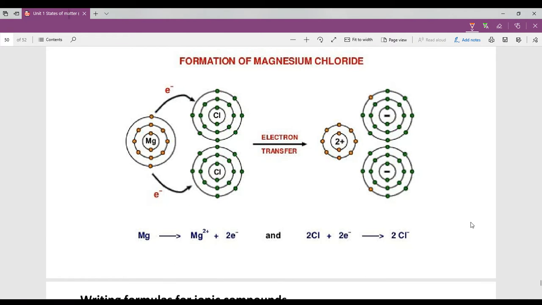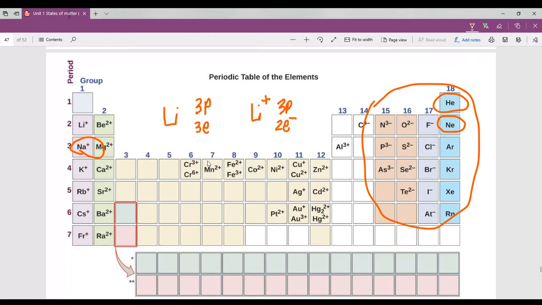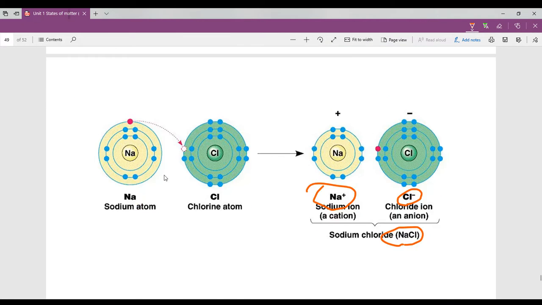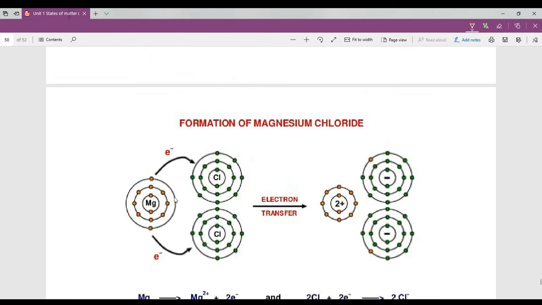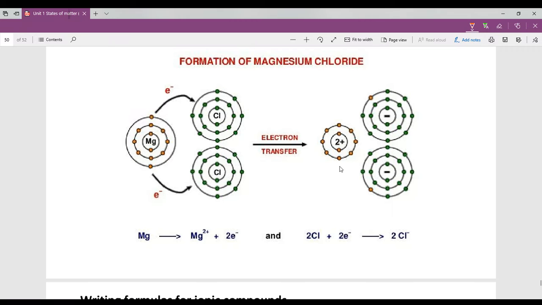Now sometimes if you have something like magnesium, which is group number 2, remember? Magnesium, group 2, will form a 2 positive charge. So this is magnesium 2 positive. Now chlorine will form only 1 negative.